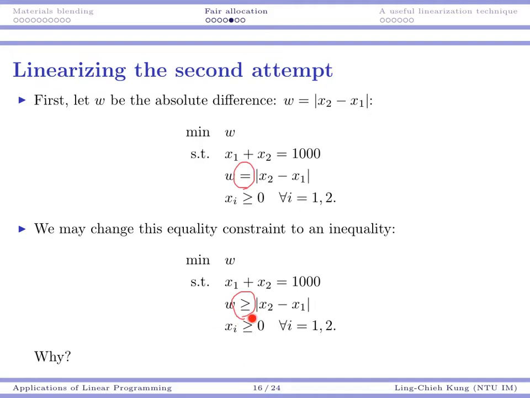If you look at this inequality again, at any optimal solution, this constraint is binding. If this constraint is not binding, that means we can decrease w a little bit to still satisfy all the constraints, but improve our objective value a little bit. So that means this constraint must be binding at any optimal solution.